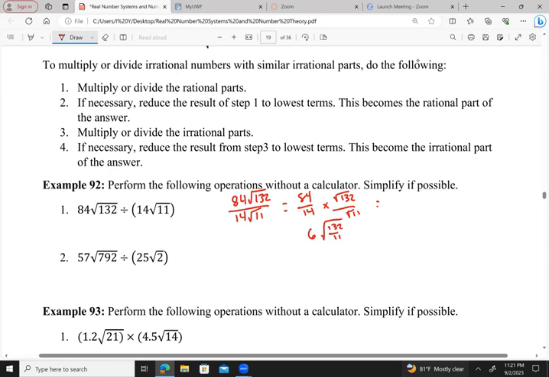Did that factor down? I believe it does. And it does. So this is 6 times the square root of 12.